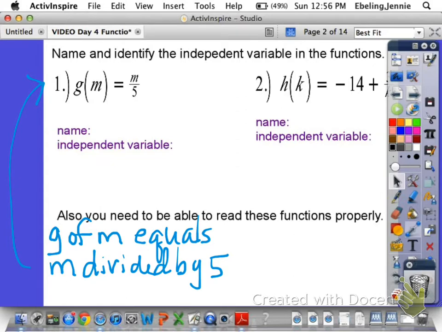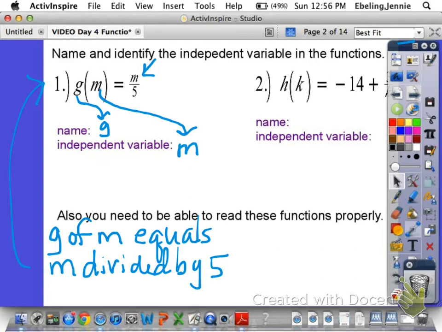Now if I want to identify the name, the name is just the g. Only the g, it's only the letter out front. The independent variable is what's in the parentheses, and that's just telling us what variable is being used in the algebraic expression on the right-hand side of the equal sign. So in number 2, I guess we can't see that.